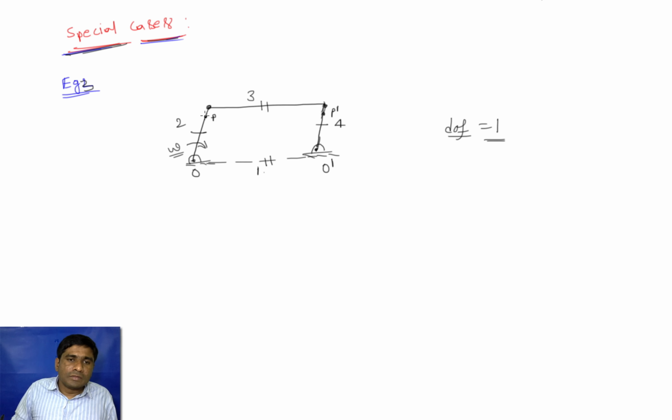Why? Because this P and P dash are at equal distances and parallel to each other.